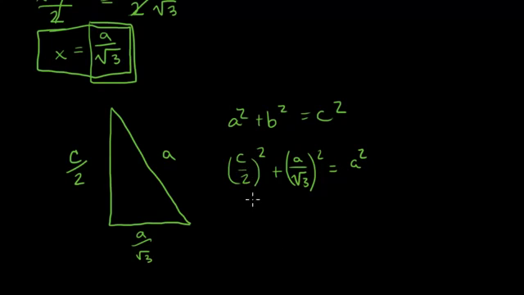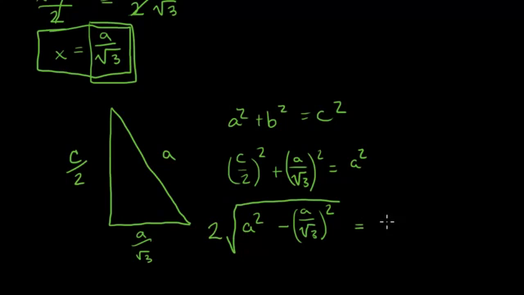We're trying to solve for c, so let's move that over to the other side. So we get a squared minus a over the square root of 3 squared equal to c over 2 squared. We'll take the square root of this, and that equals c over 2. Then I could multiply both sides by 2, and I would get c.